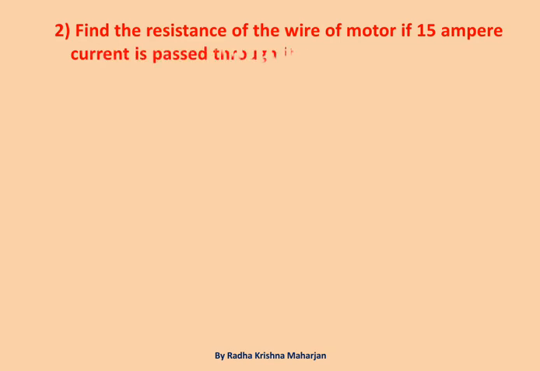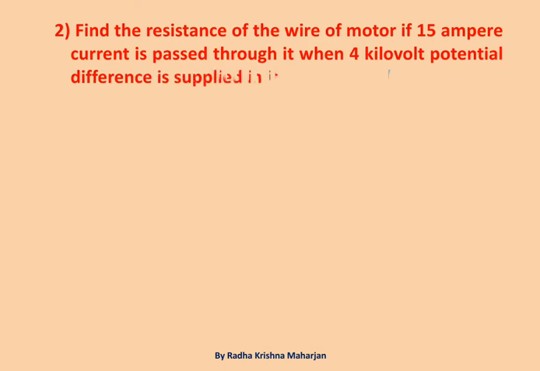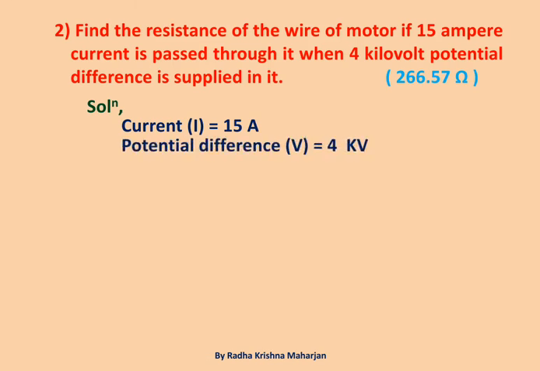2. Find the resistance of the wire of motor if 15 ampere current is passed through it when 4 kilovolt potential difference is supplied in it. Solution. Current I equals 15 ampere. Potential difference V equals 4 kilovolt equals 4000 volt.